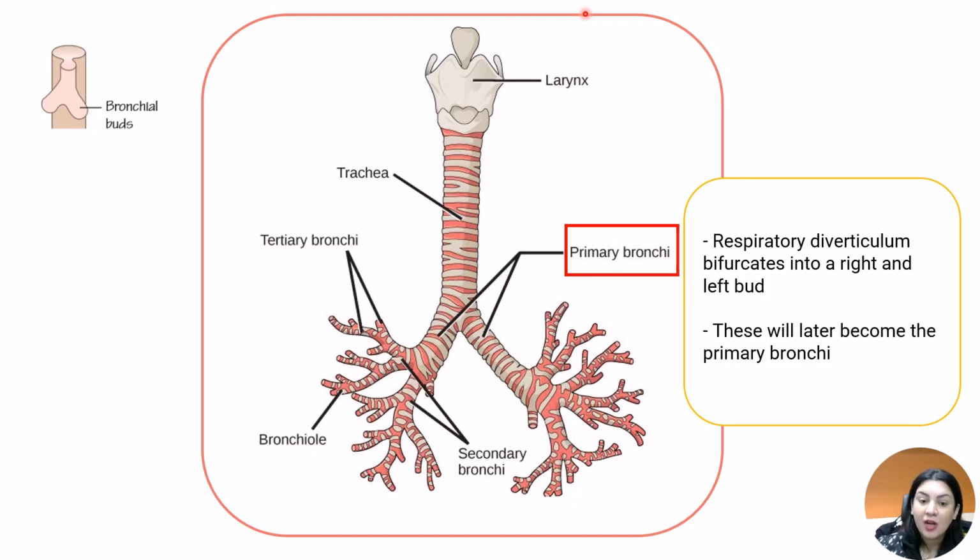When these primary bronchi are well established, they will undergo their own subsequent series of proliferative divisions to give rise to the secondary bronchi, and then the secondary bronchi branch out even more to give rise to the tertiary bronchi, which then branch out even further to create the bronchioles and the progressively intricate network of respiratory structures.